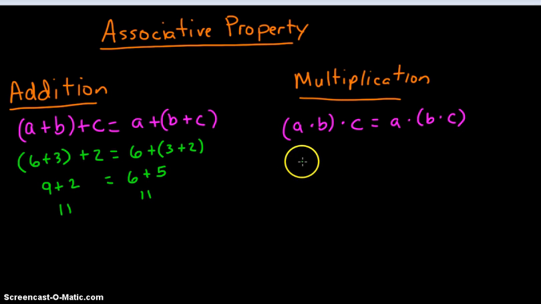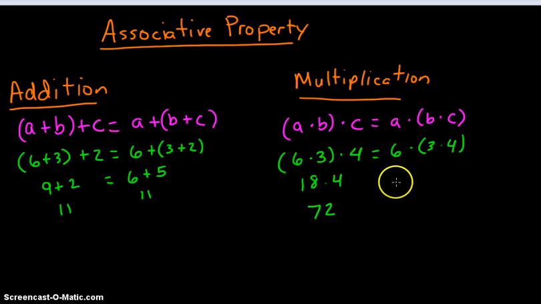Example for that one. 6 times 3 times 4 equals 6 times 3 times 4. So we got 18 times 4, which is 40 plus 32, that's 72. And this is 6 times 12, which is also 72.